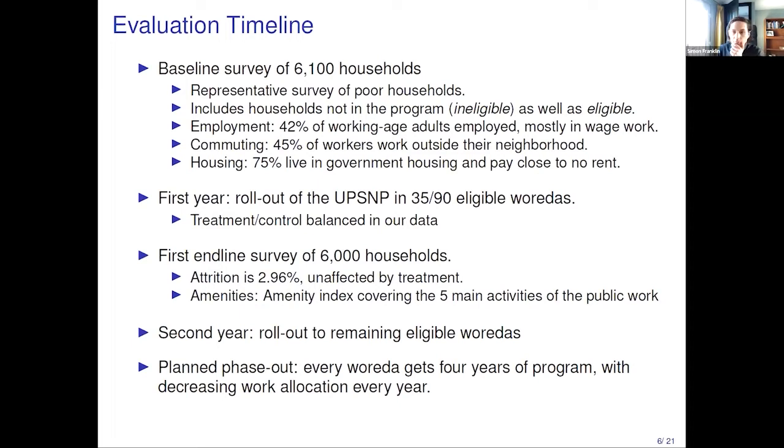Okay, then the randomized rollout happens, and we follow up 1 year into the program and collect all this data on outcomes at end line, including this amenity index, which captures the five components that we think are going to be improved by the public works program by nature of the work that's actually done.